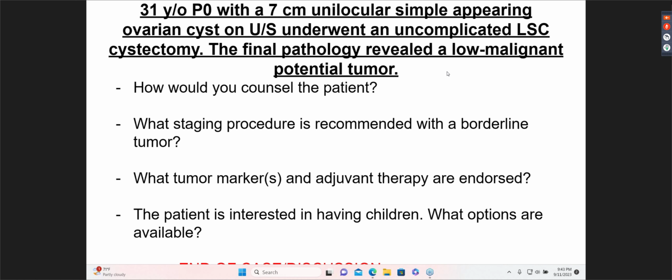My co-fellow and I are debating this right now because we feel differently about the CA-125. I think we both agree that we wouldn't get it immediately after surgery, especially in a premenopausal woman, because it's likely to be elevated anyway, just from inflammation and being premenopausal. I personally, anecdotally, have seen that our staff will follow these patients with tumor markers regardless of age over time, just so that you have some data point.